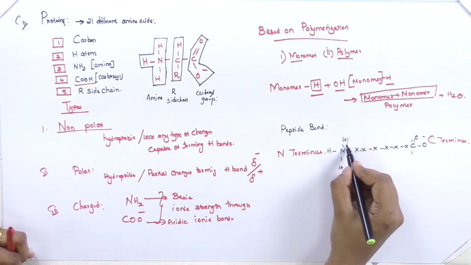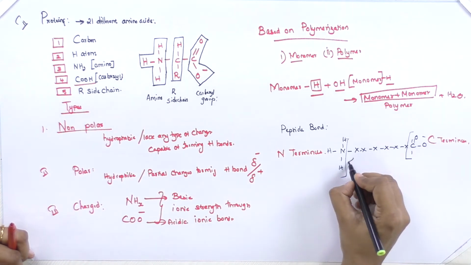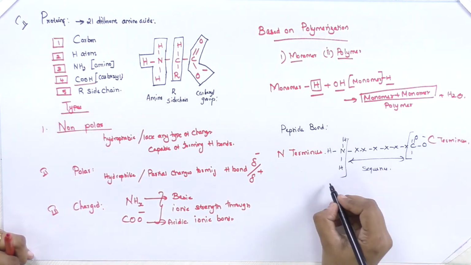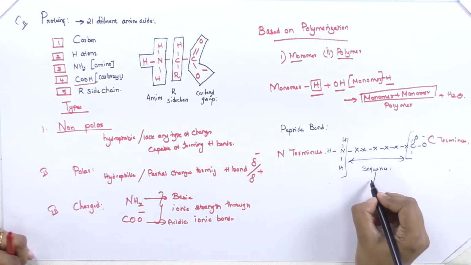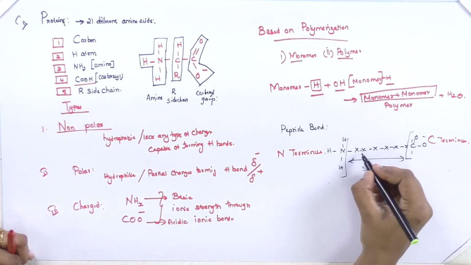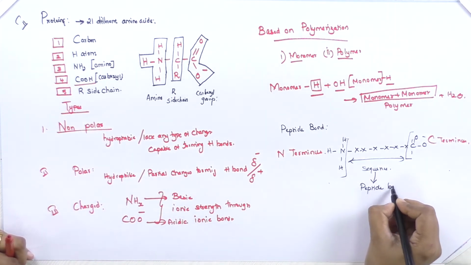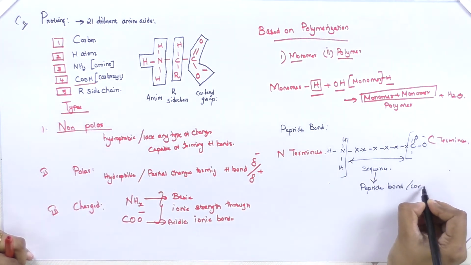This is a sequence of amino acids joined together, with an amino group on one side and a carboxyl group on the other, and the bond between these amino acids is termed a peptide bond or covalent bond.